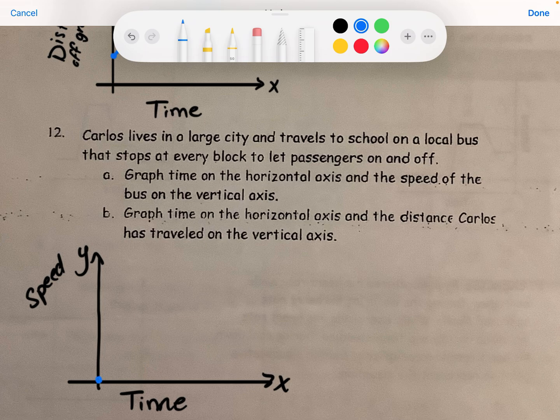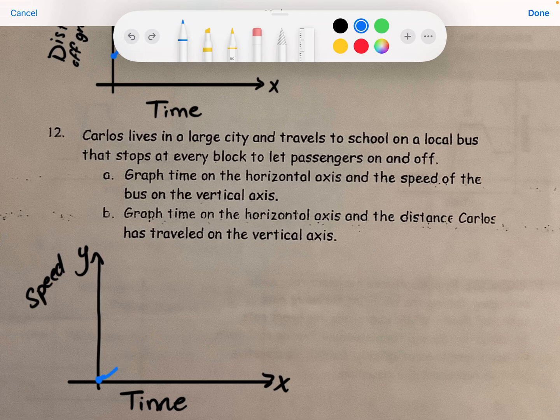That's the starting time, right? And the bus is going to speed up. And then it's going to stop to get a passenger. And then it's going to speed. So that's 0, right? Okay, so let me rethink about this.